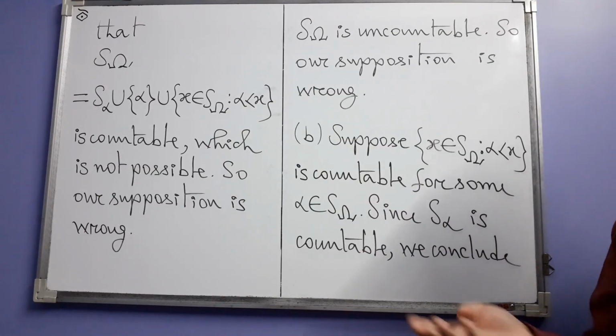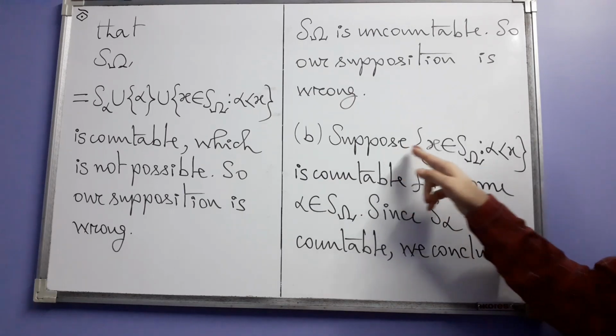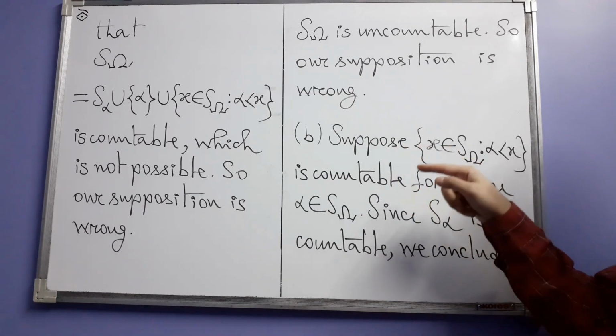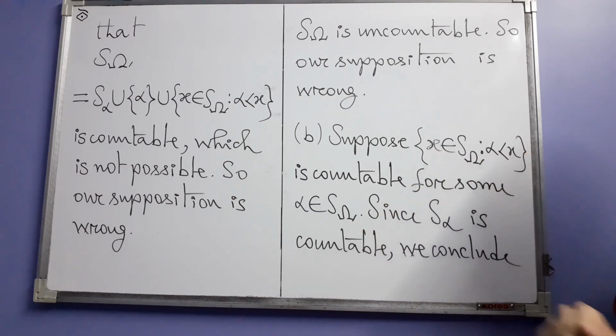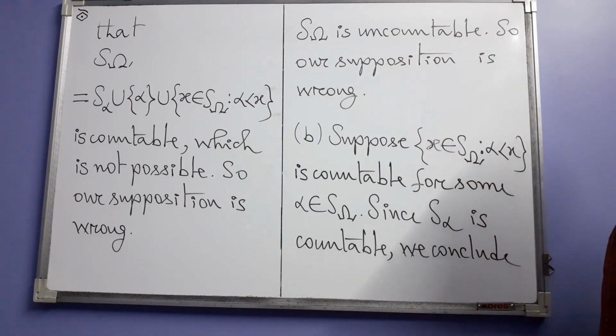It is false because we know that S omega is uncountable, and that is why this supposition is wrong. That means for no alpha shall we have this set countable. It has to be uncountable. So it is just like part A.